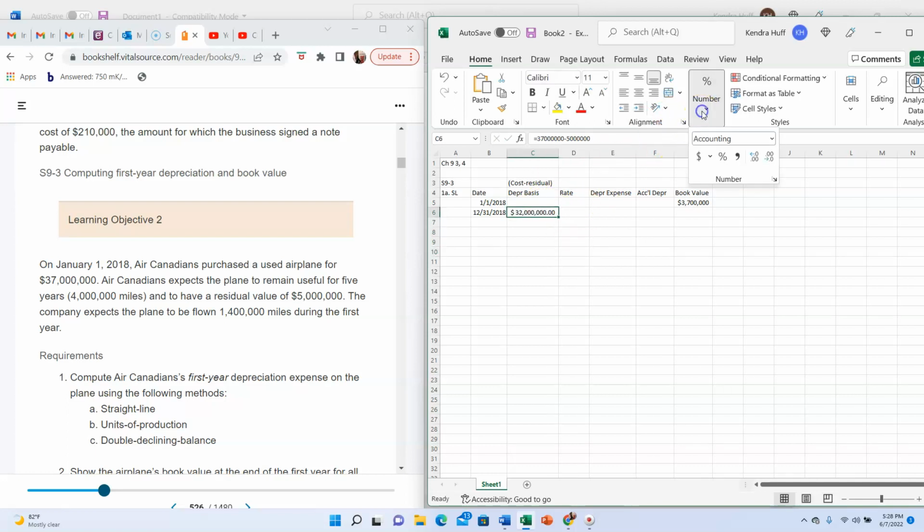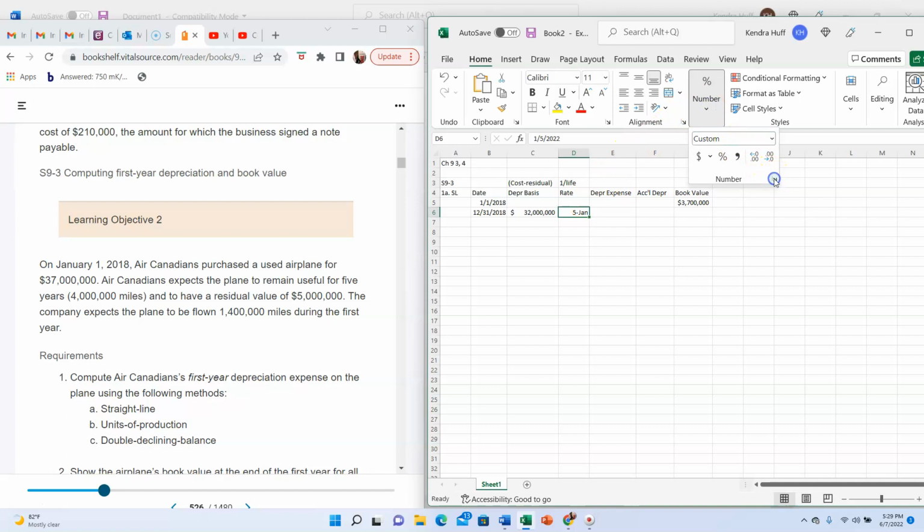Get rid of those decimals. All right, the rate for straight line is 1 over the life. So it has a 5-year life, so it's 1 divided by 5, so 1/5.